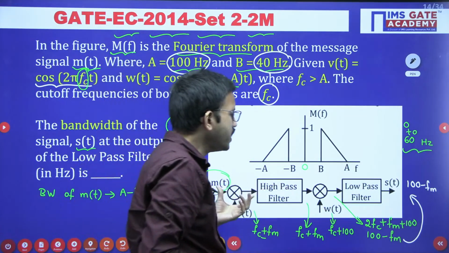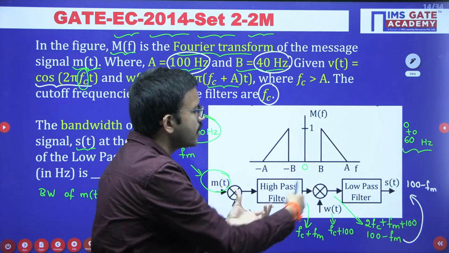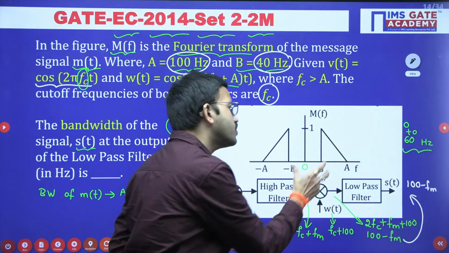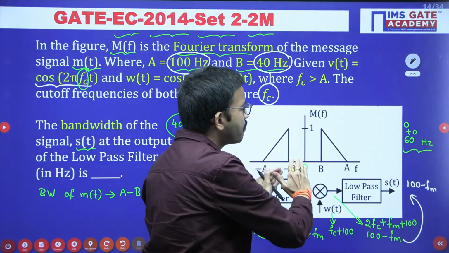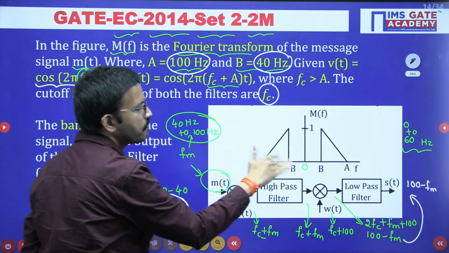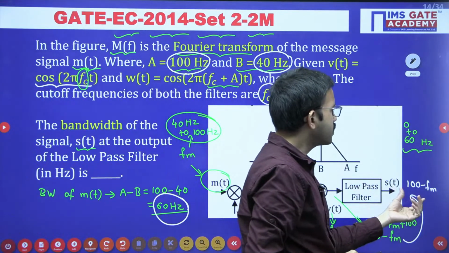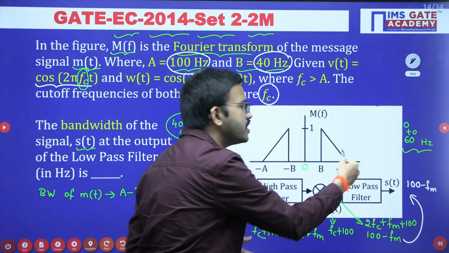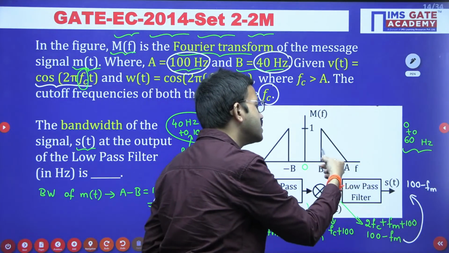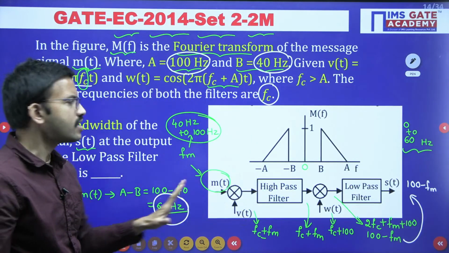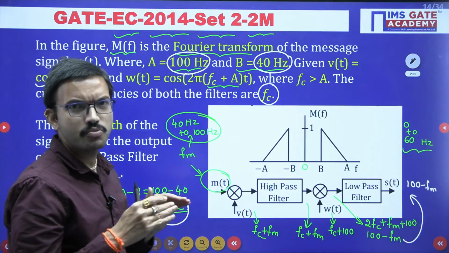The original signal has 40 to 100, and here you get 0 to 60, but the entire band is passing. Whenever it passes the entire band, obviously the bandwidth will remain the same. This is the conclusion point that I want to mention here.